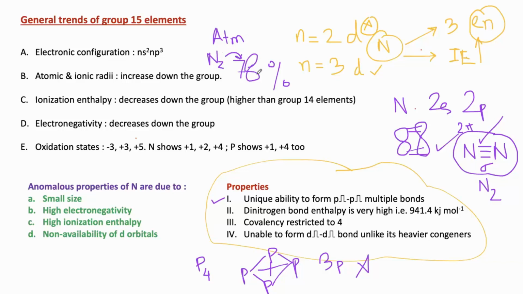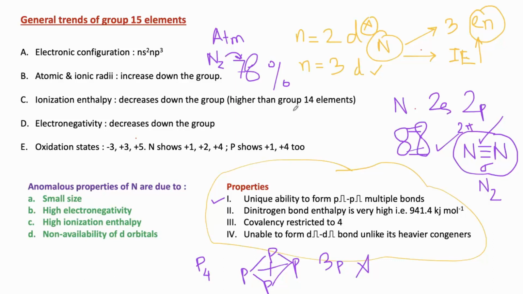So from now on, if someone asks you why there is so much dinitrogen in air, this is the reason, because of such high bond enthalpy, 940 kilojoule per mole, which is quite difficult to break.